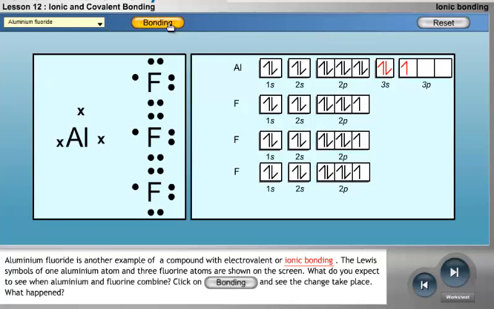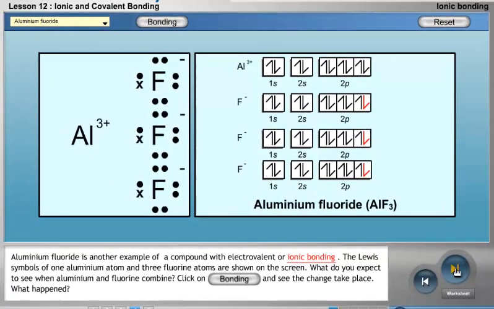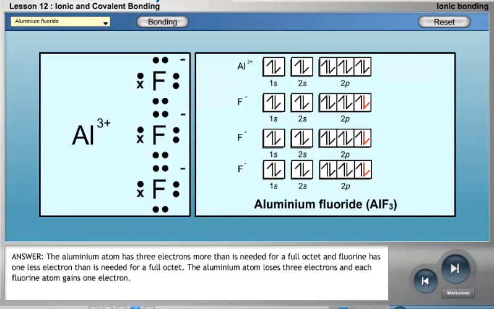What happened? Answer: the aluminium atom has 3 electrons more than is needed for a full octet, and fluorine has 1 less electron than is needed for a full octet. The aluminium atom loses 3 electrons and each fluorine atom gains 1 electron.